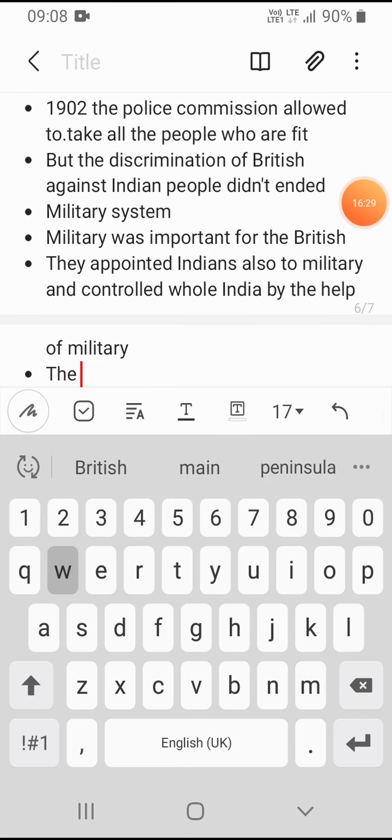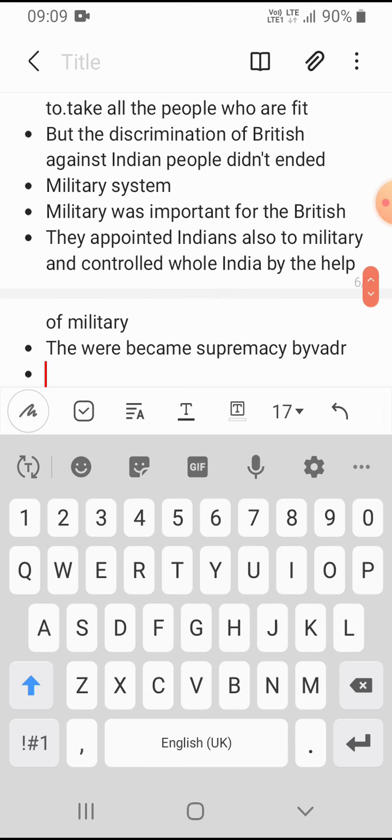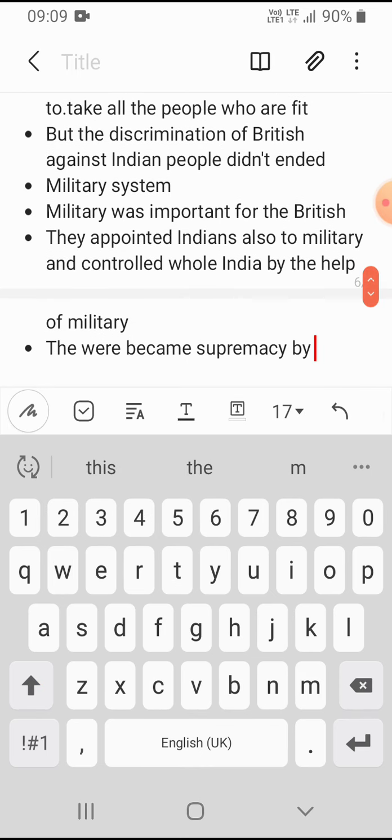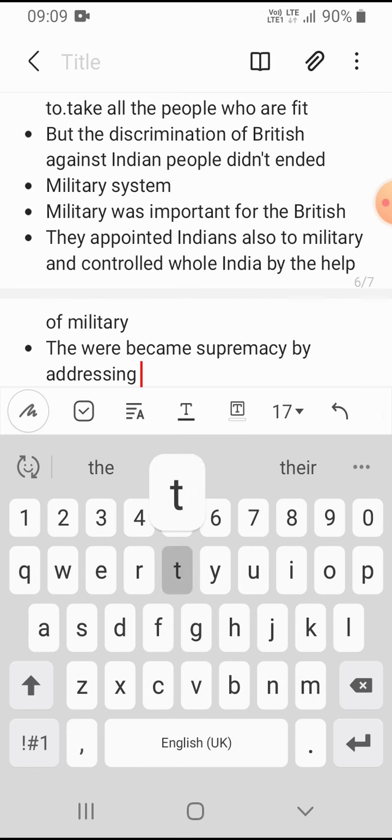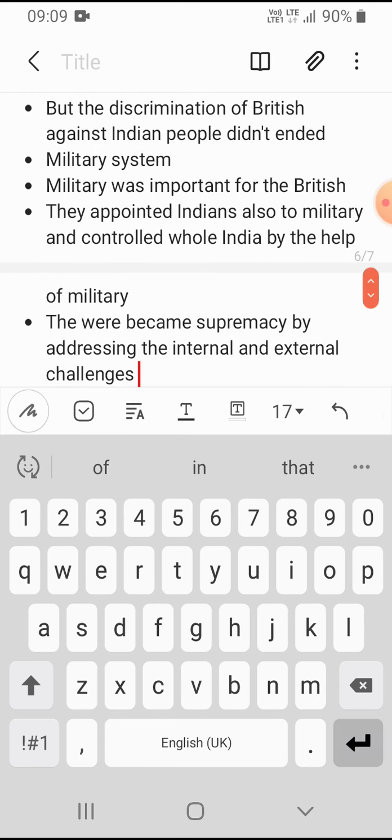They became supreme by addressing the internal and external challenges. By facing them, they became supreme.